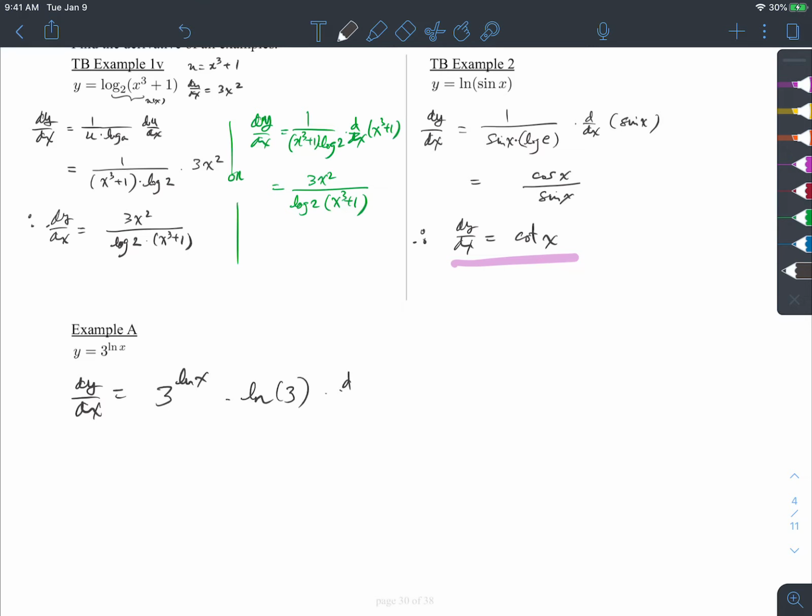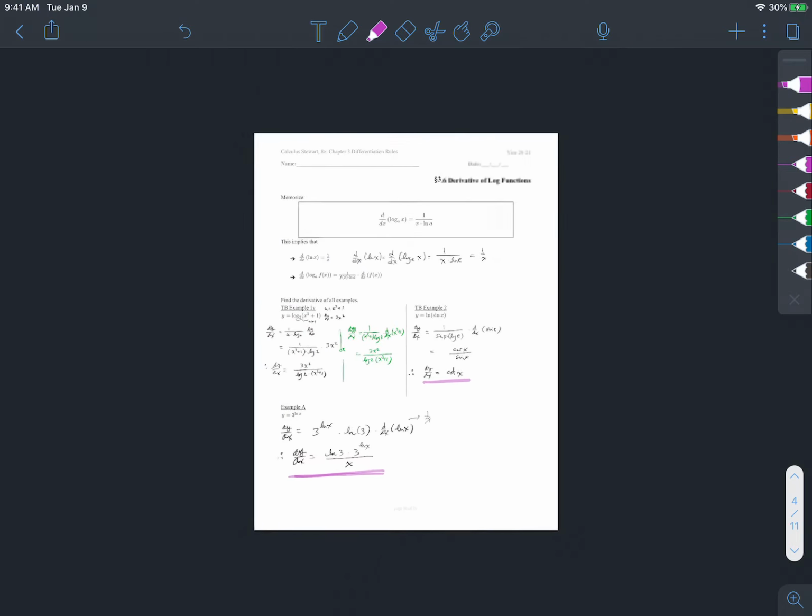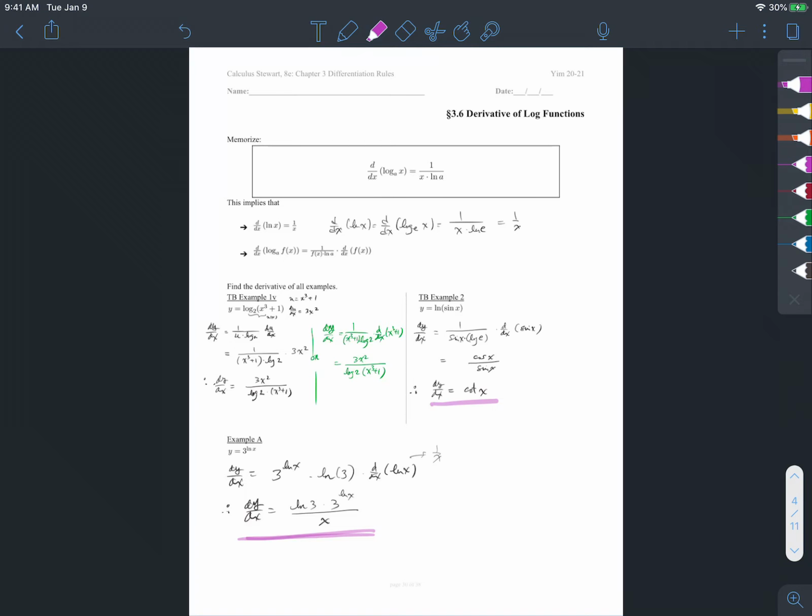And then we do the derivative of the ln of x. So let's clean this up. That part right there is 1 over x. So what we end up with is ln of 3 times log base 3 of x, divided by x. And that would be the answer. Okay, guys? Let's move on to the next page, shall we?